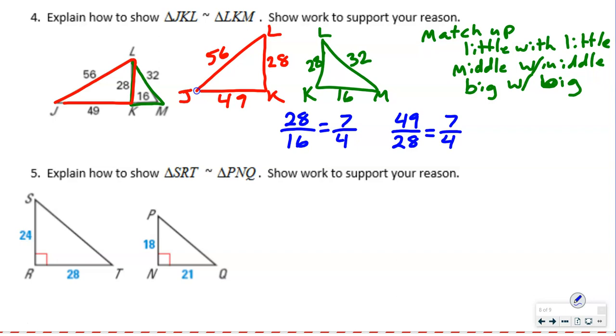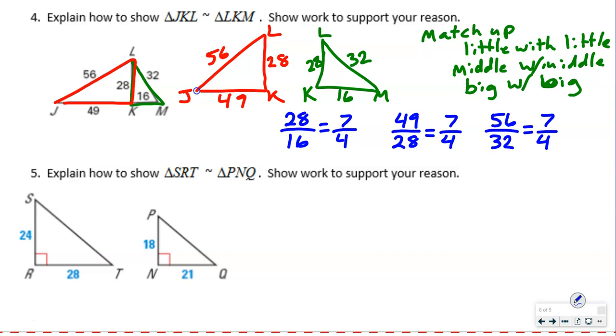Then our longest lengths, the big sides, are 56 in the red triangle and 32 in the green. Our greatest common factor here would be 8. So 56 divided by 8 is 7. 32 divided by 8 is 4.